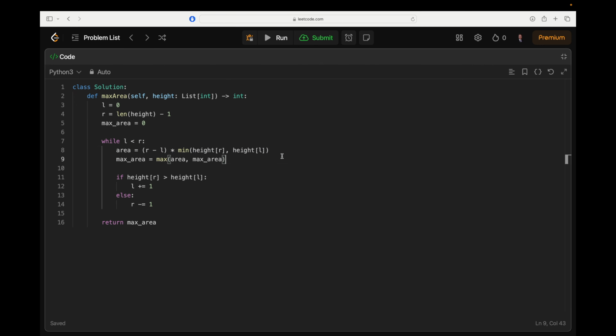We calculate the area, we check if that's the new max, and then we move in from the lower option, because there's no possible way that the lower option is included in the max, since the height of the container is determined by the lower value, it doesn't matter if any remaining values are higher.